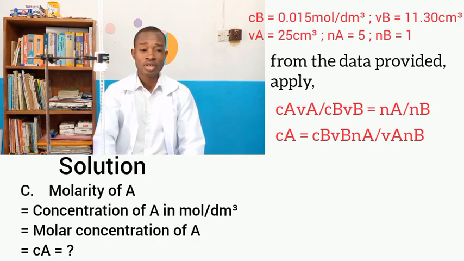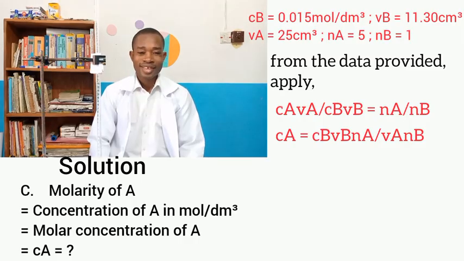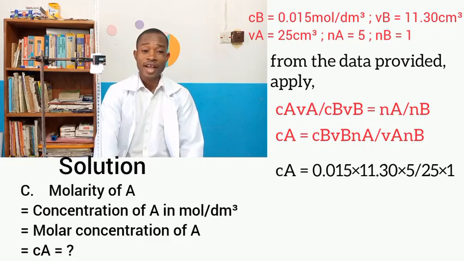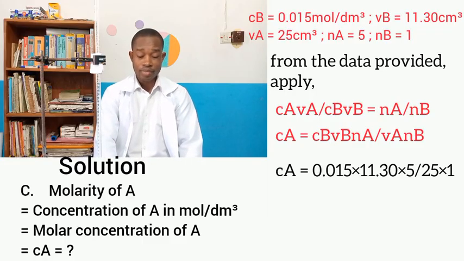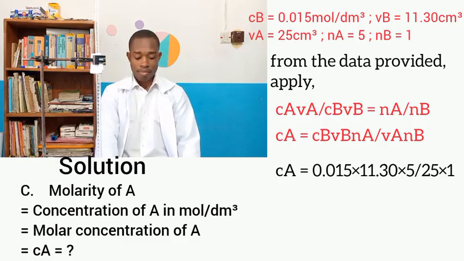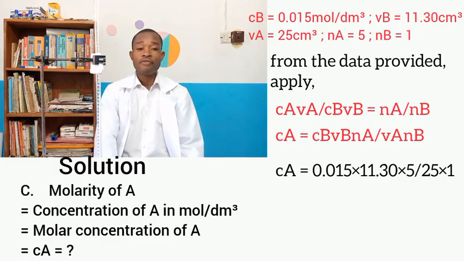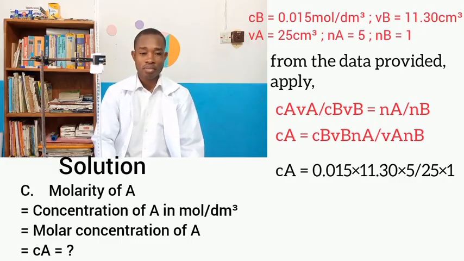We can now substitute into this equation to calculate our molarity of A. Substituting, we get CB is 0.015, multiplied by VB, which is 11.3, and then multiplied by NA, which is 5, all over VA, which is 25, multiplied by NB, which is 1.